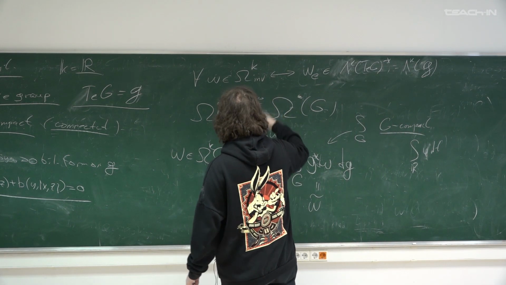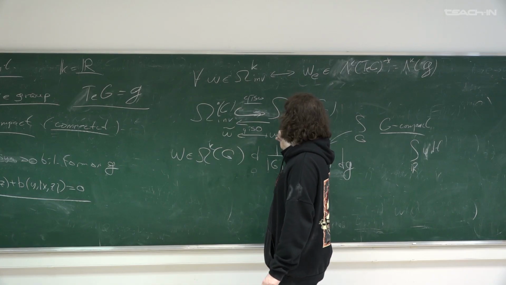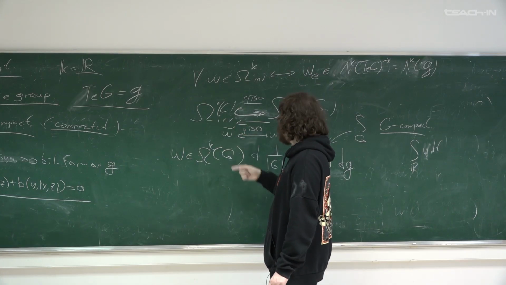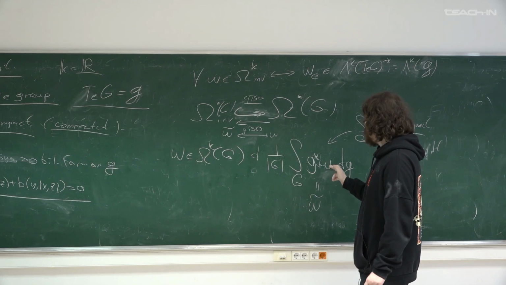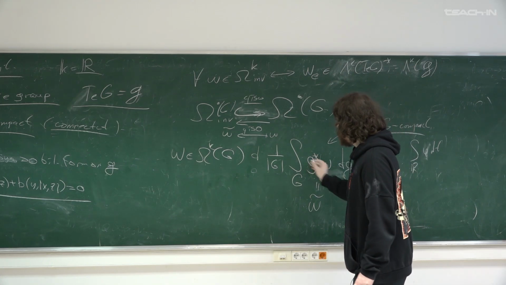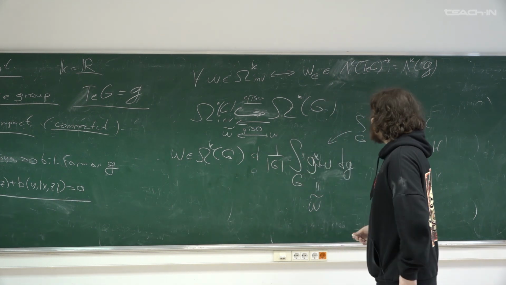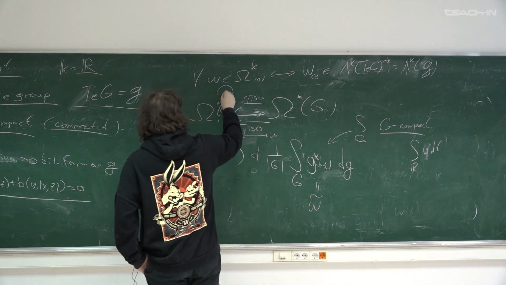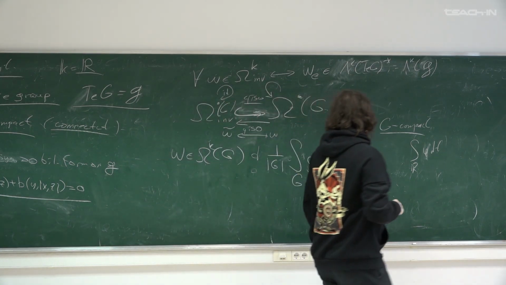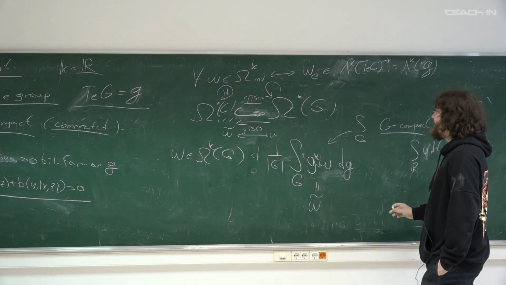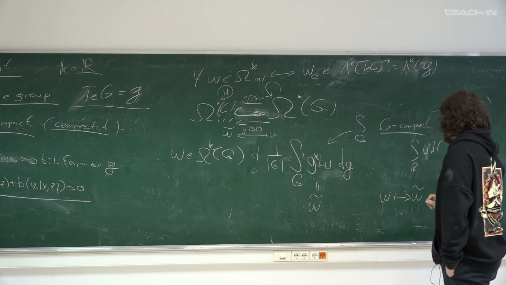And why is it a quasi-isomorphism? Because if I have an invariant form, include it into all forms and then average again, I obtain the same form. If my form is invariant, the average is just omega integrated over G, divided by the volume, and I obtain omega again. So this composition is, of course, identity. What about the other composition? If I have some form, it goes to an invariant form.